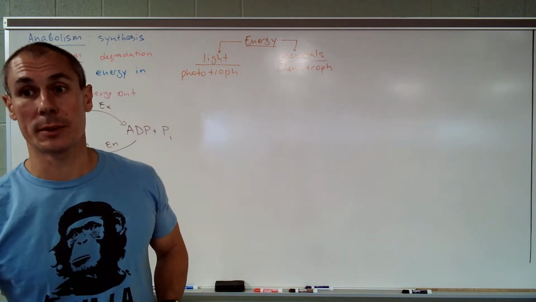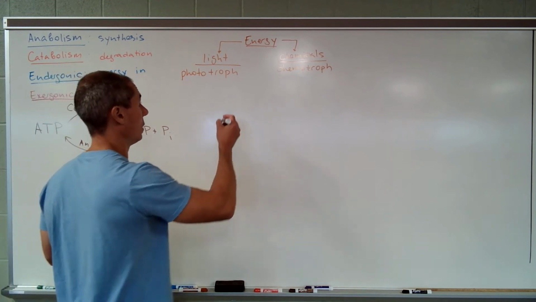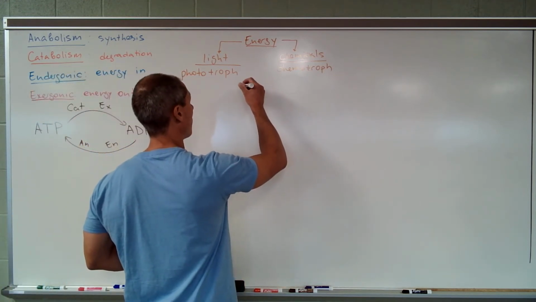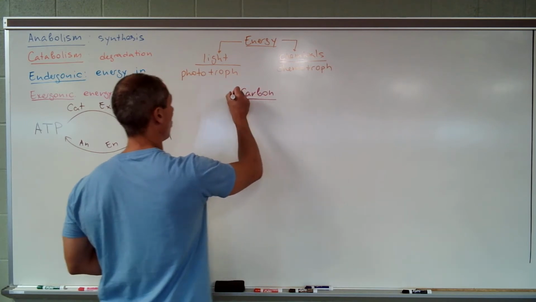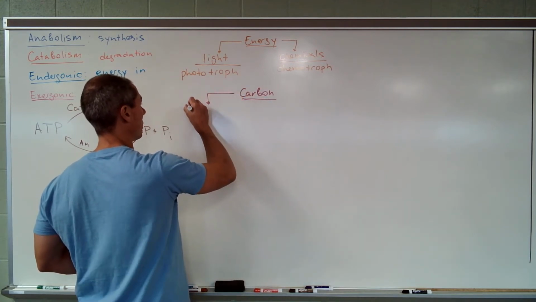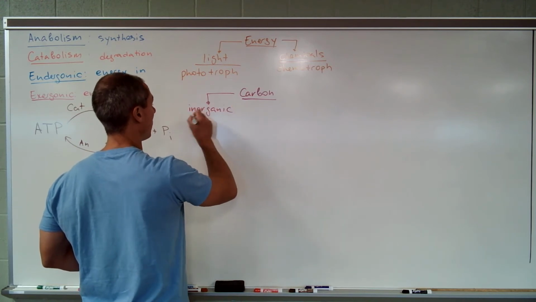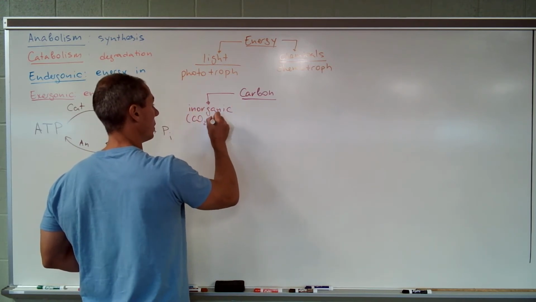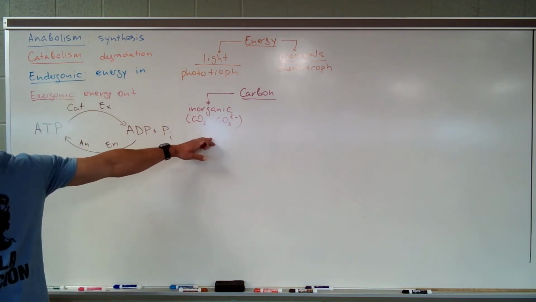Now what about carbon sources? So carbon can be obtained from either inorganic or organic sources. So if the source of the carbon is inorganic, CO2 or carbonate, you don't need to know the examples, just inorganic.